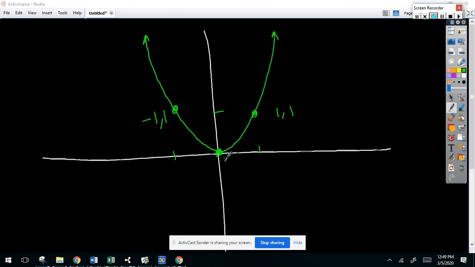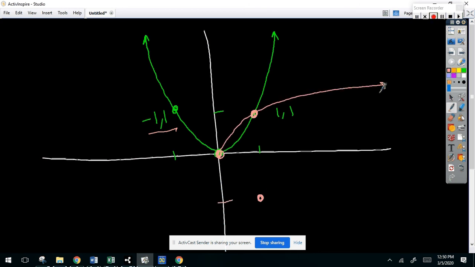Let's take these points that we know are on the green, and let's switch x and y and see what happens. (0, 0) becomes (0, 0), still. (1, 1) becomes (1, 1). (-1, 1) becomes (1, -1).